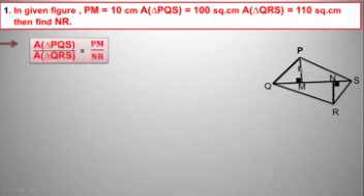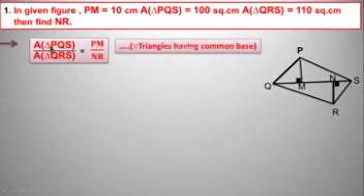In this figure, triangle PQS and triangle QRS have equal base QS and different heights PM and NR.